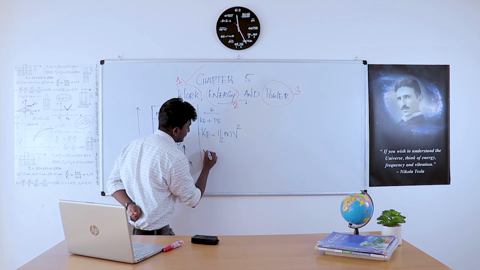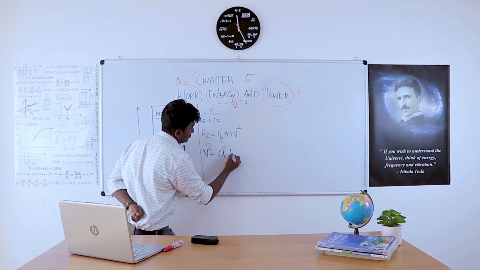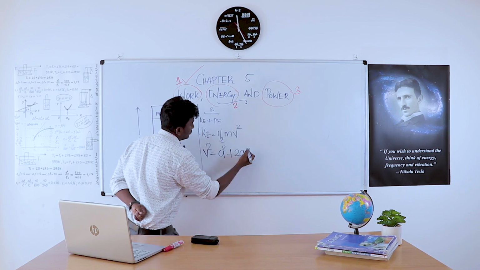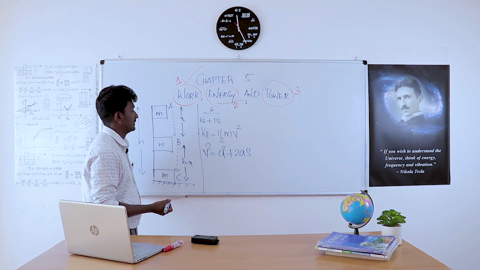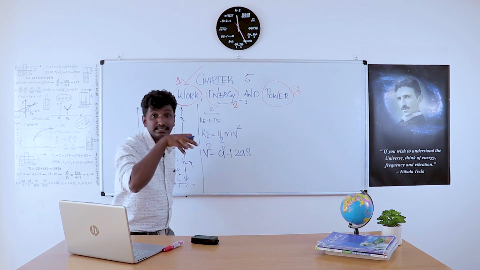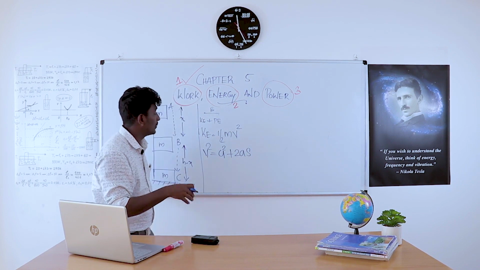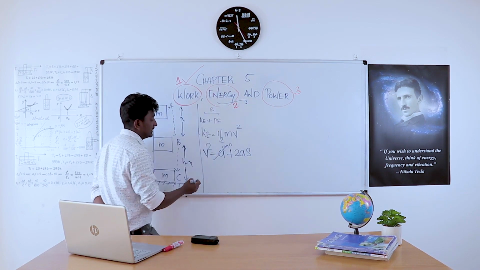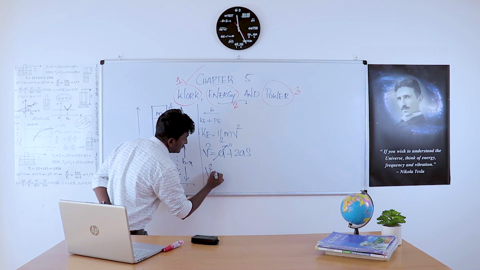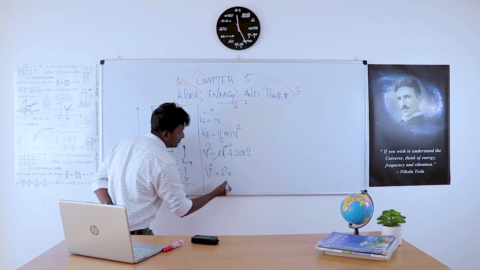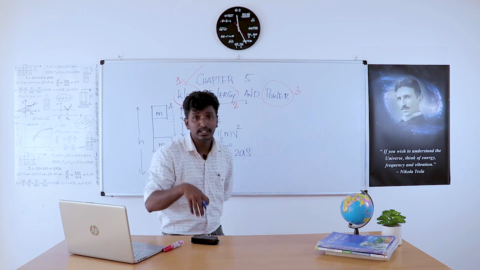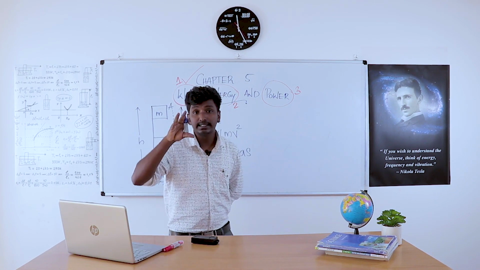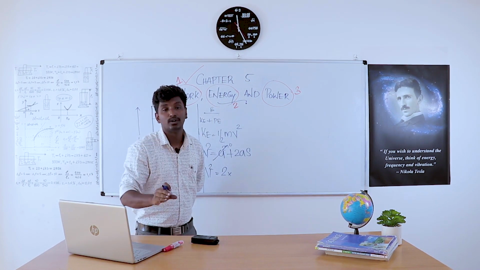By the third equation of motion, we have v square is equal to u square plus 2as. Since the object is executing free fall, that is, dropped from a height, u is equal to 0, so this term gets cancelled. Then v square is equal to 2 into acceleration, since the object is falling under the influence of gravity alone.